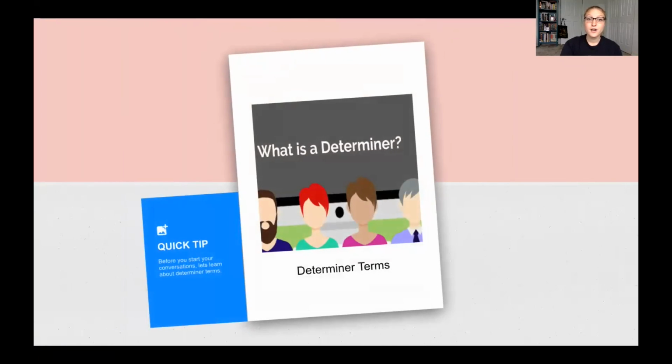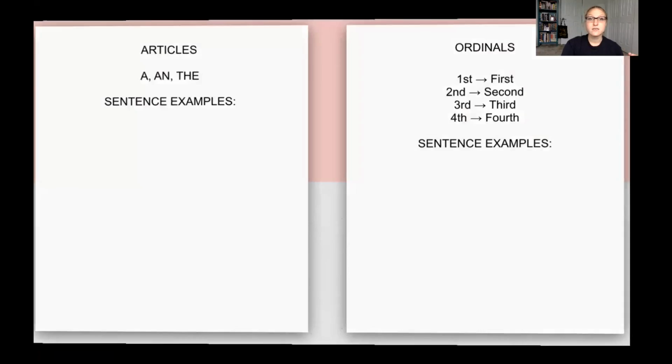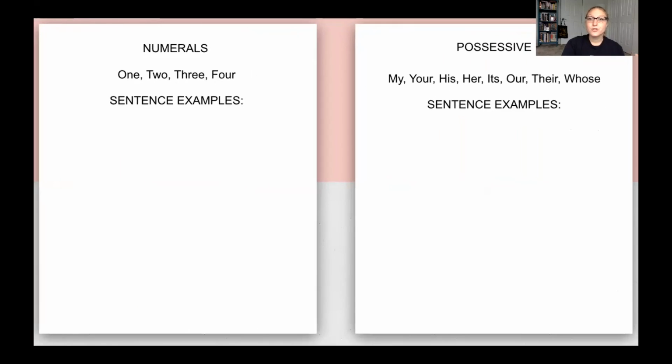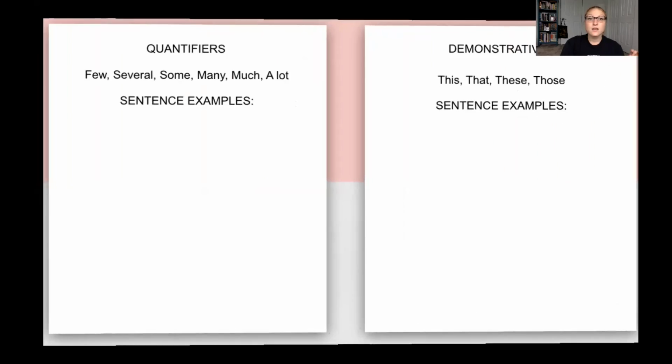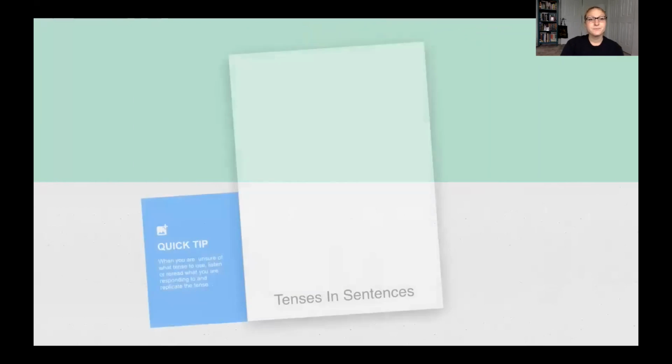Then we went over what is a determiner. And in these determiner ideas, we discovered different things with our articles, our ordinals, our numerals, possessives, quantifiers, demonstratives, and we continue to go over a lot of those, adding them into our conversations.